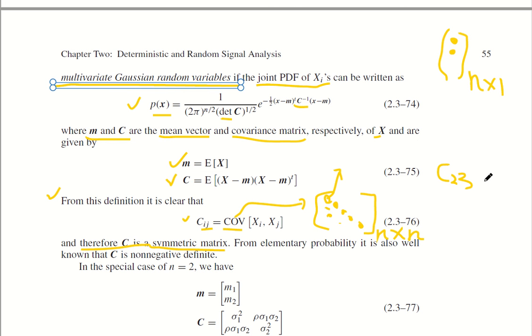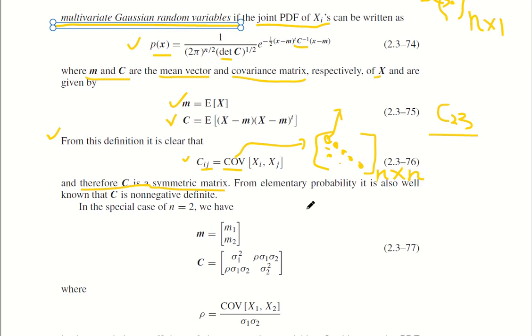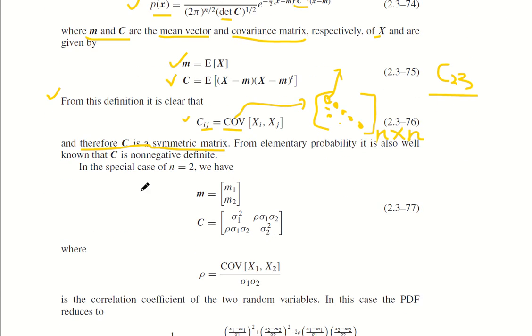What does it mean? It's the covariance of the second one and the third. That is, you take the covariance of the second with respect to the third, then you get C2,3. So that is the structure of the covariance matrix.